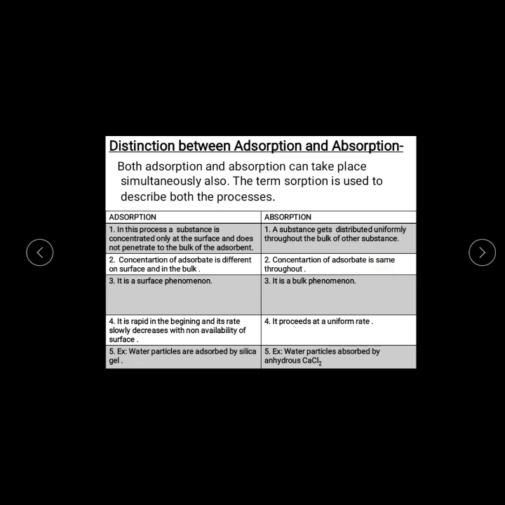Now, whenever adsorption takes place, once a layer is adsorbed, the availability of the surface decreases. So, it is rapid in the beginning and its rate slowly decreases. Absorption on the other hand proceeds at a uniform rate. And examples: water particles are adsorbed by silica gel and water particles are absorbed by anhydrous calcium chloride.